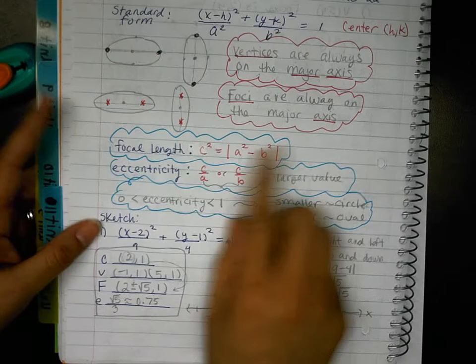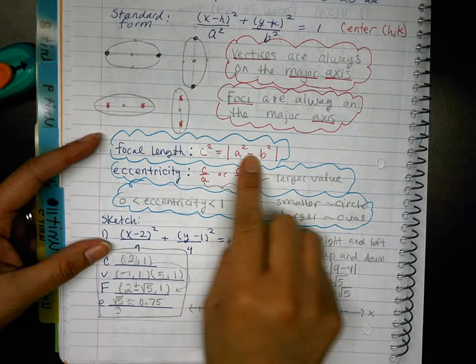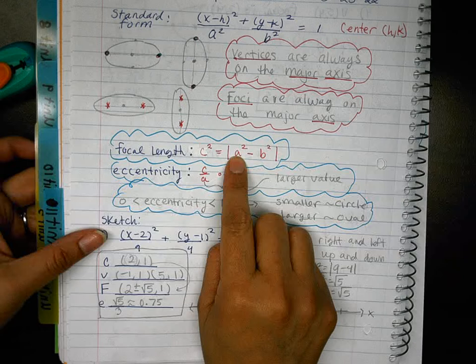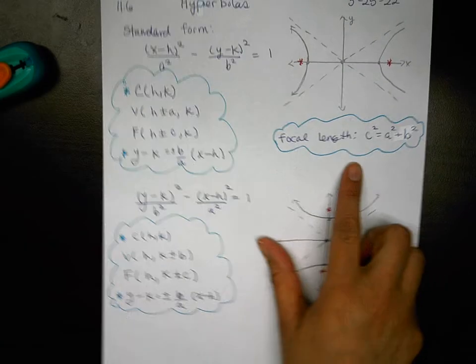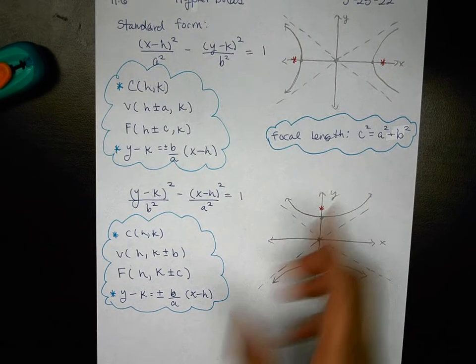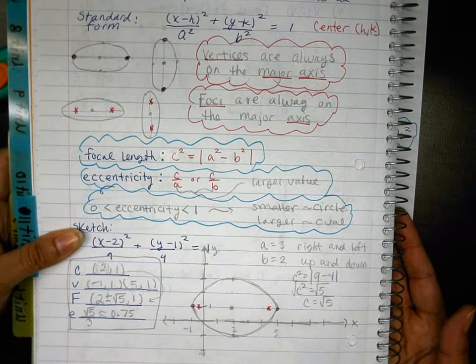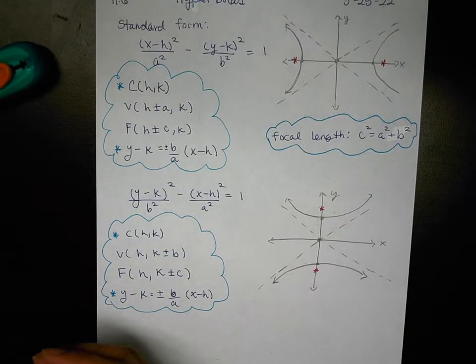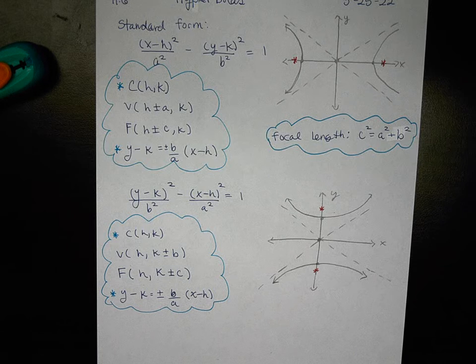This one's the one we had for our ellipse. Why does this one have an absolute value and this one does not? Anyone know? Yes. Because this one's already addition.